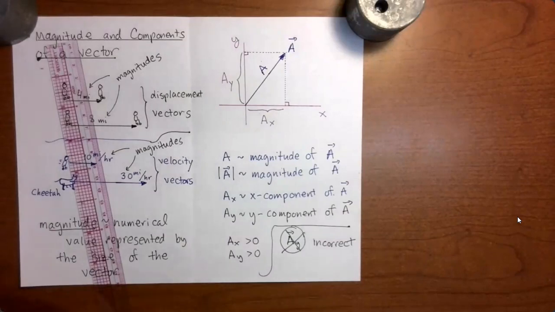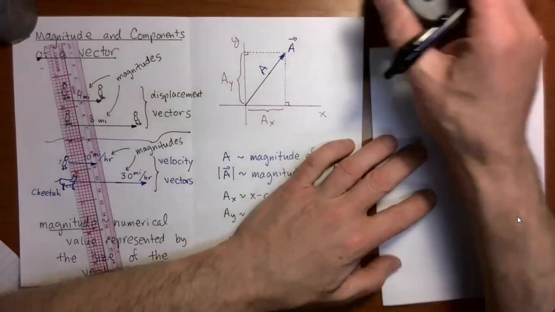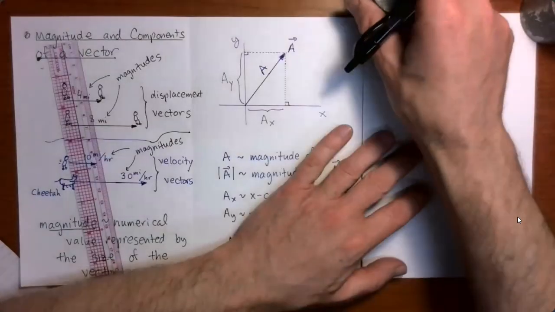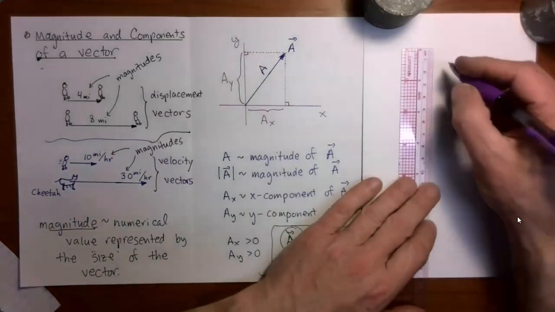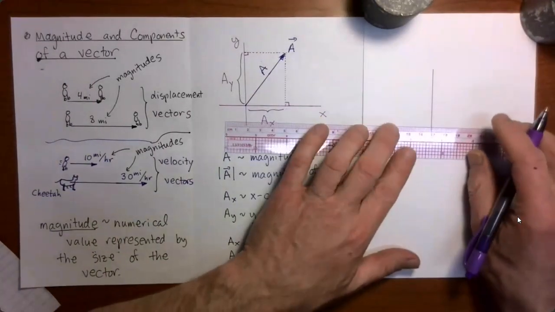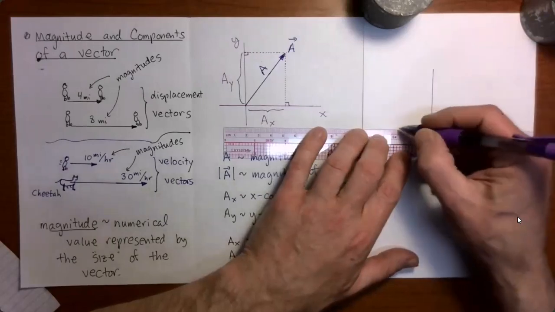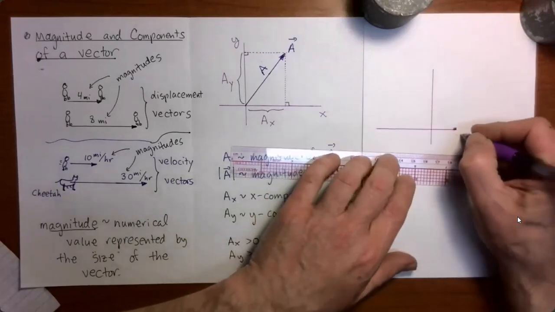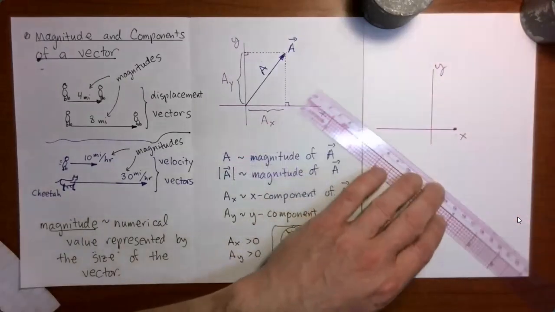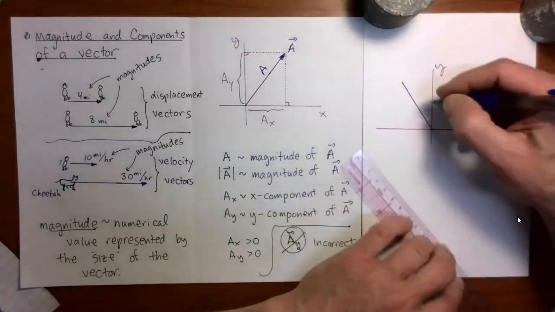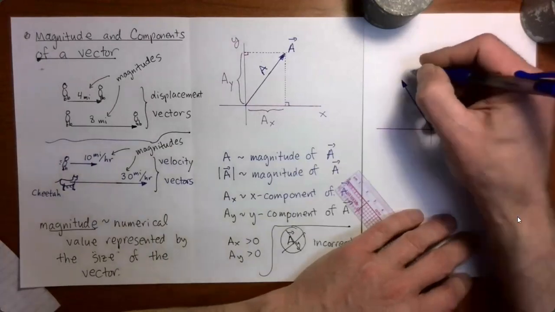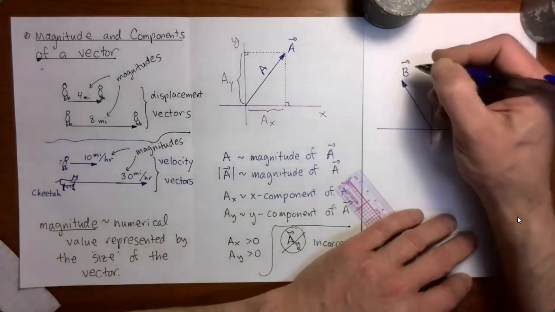One more quick example to wrap this up. In this example, I would like to draw my Cartesian axes again. And this time I'd like to draw a vector B pointing into the second quadrant.